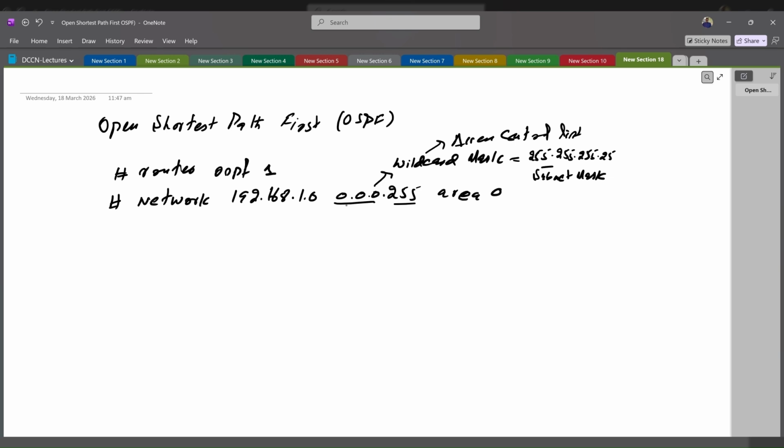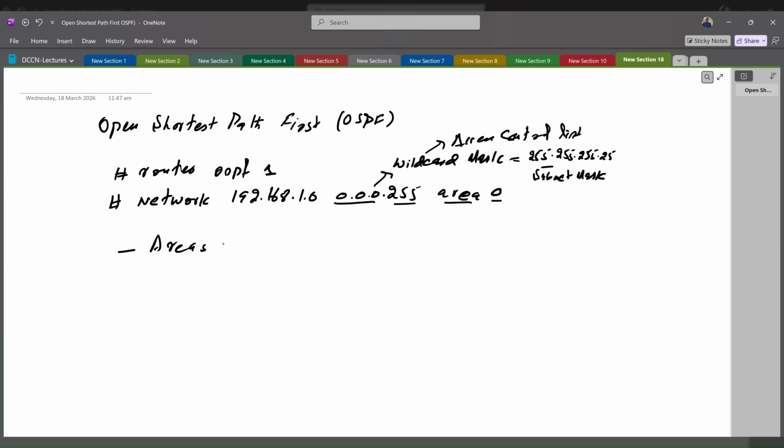And then we said that this is followed by the area, and an area has a number. So what we do in OSPF is divide a larger network into different areas to reduce our complexity. I would like to continue our discussion from here so that we can dive deep into this notion of area, or the need of dividing a network into different areas. So we divide an OSPF based network into different areas, right?